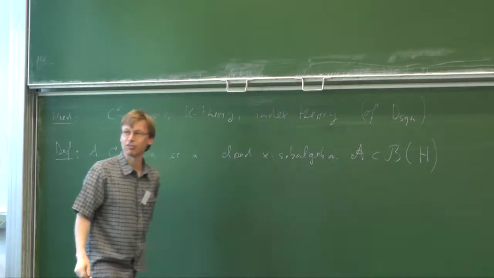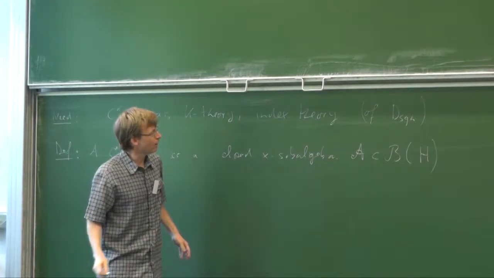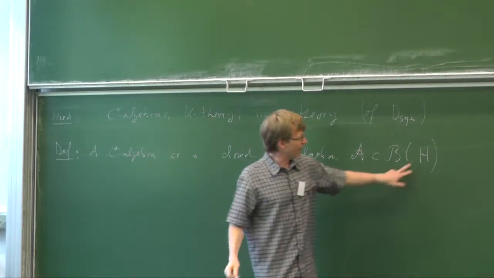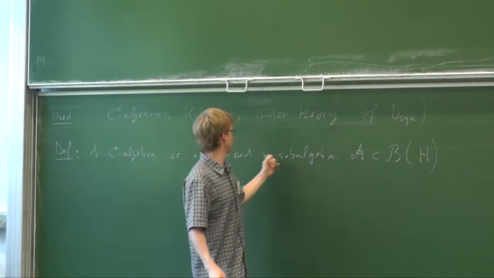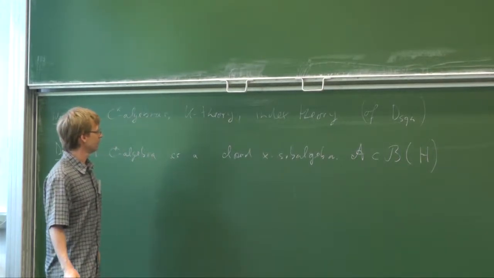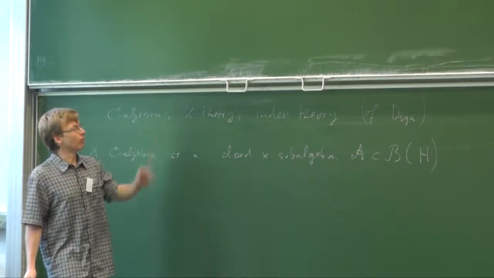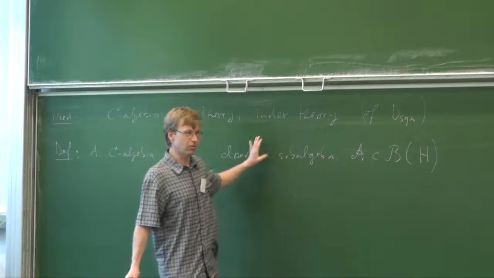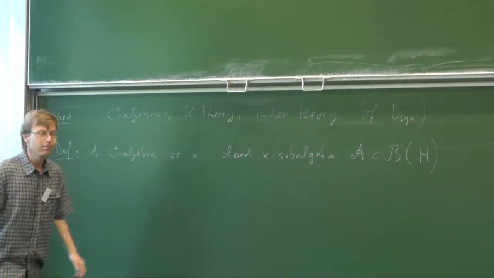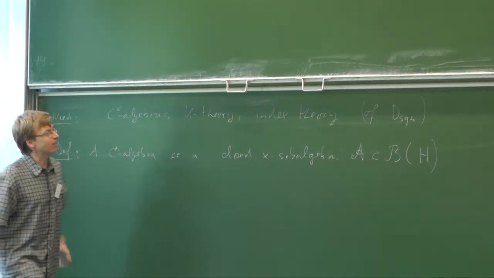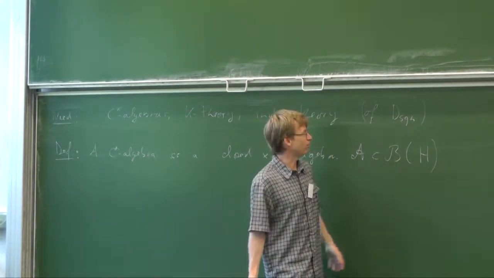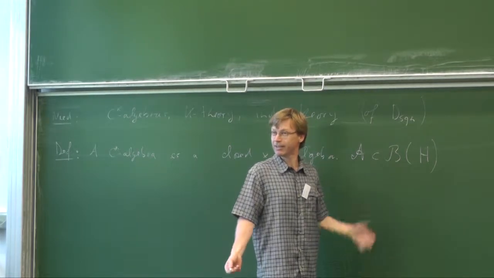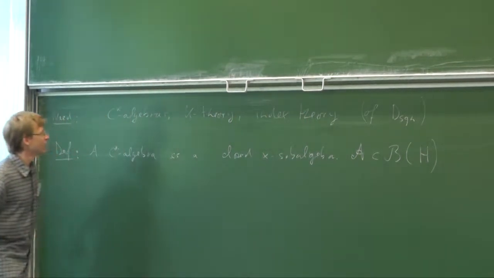The Hilbert space has a norm that makes it clear what closed means. It's an algebra by composition and addition, and it has a star, the adjoint. Everything isomorphic to that with the same structures, norm, and so on, is also called a C-star algebra. But for us, all the C-star algebras we're going to work with come up as subalgebras of bounded operators on Hilbert spaces anyway, so it's very convenient to use that.